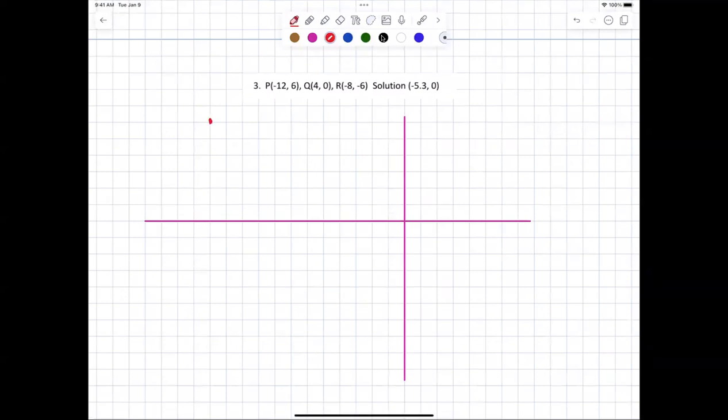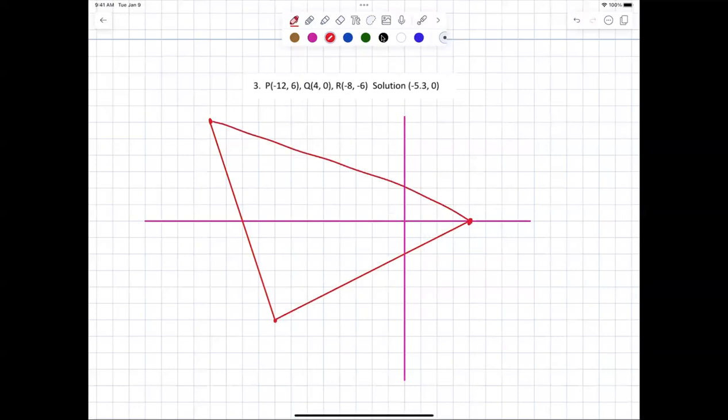There. 4, 0. See if yours kind of looks like mine. Everybody good with that? Is that what yours looks like?